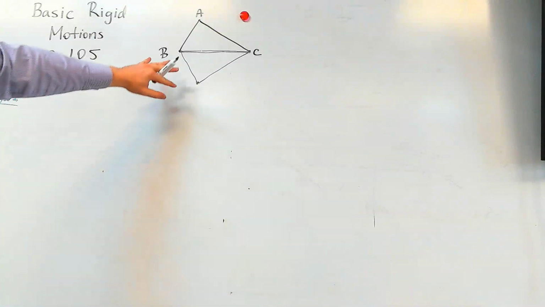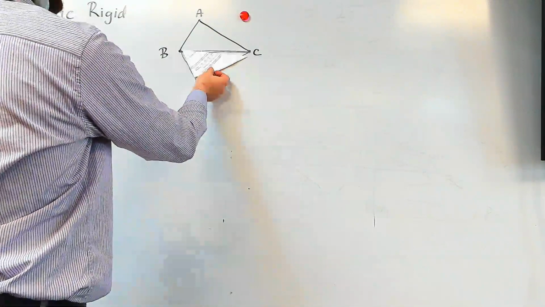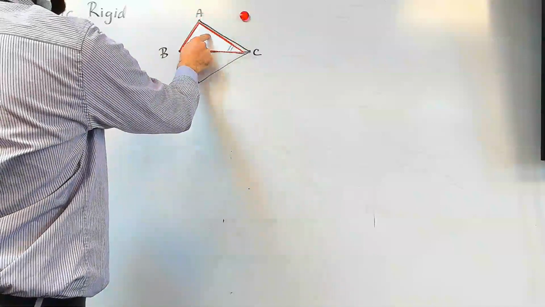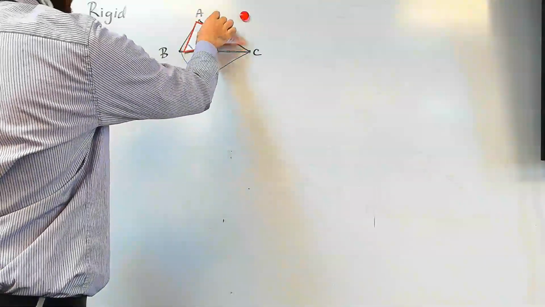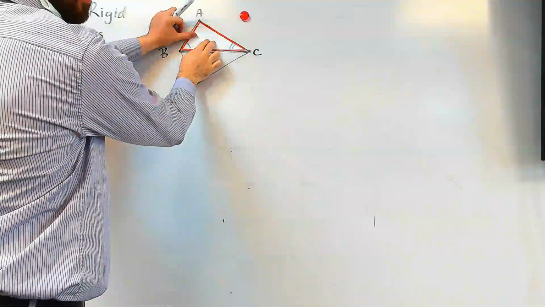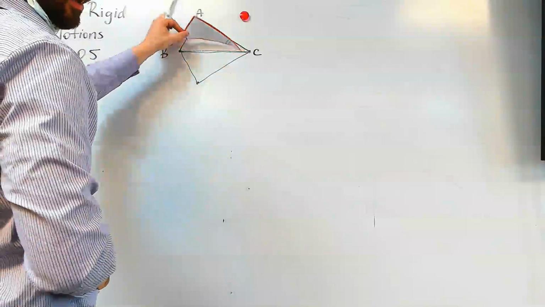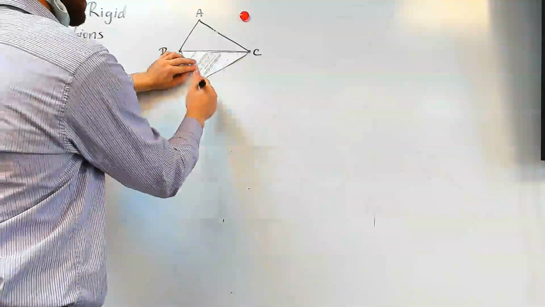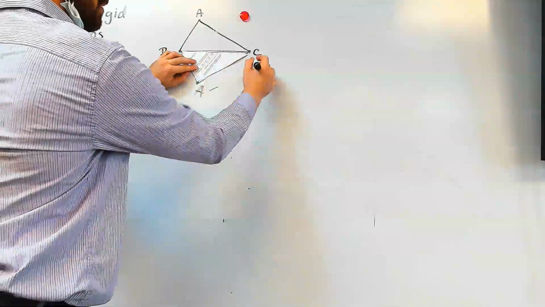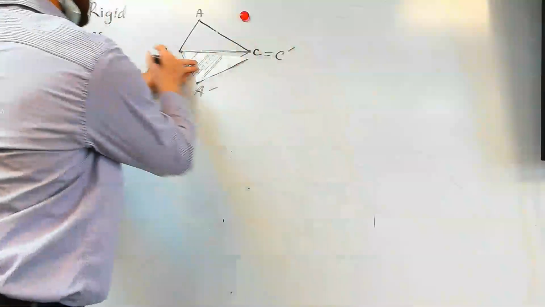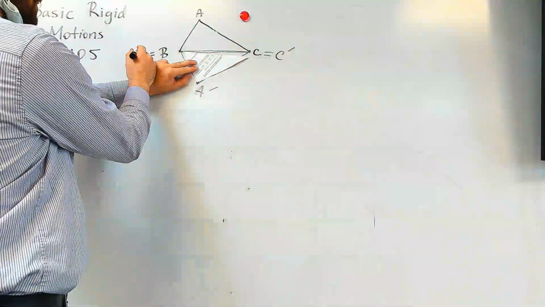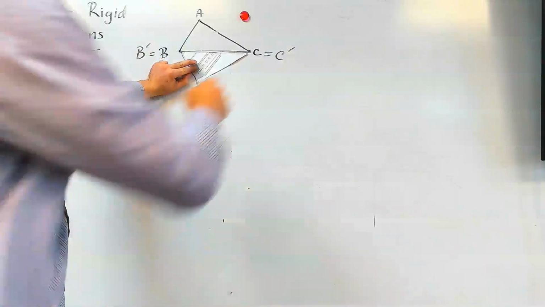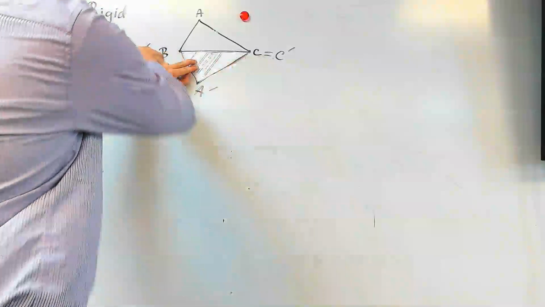So we have here triangle ABC prime. You can see that it's a perfect reflection of triangle ABC. So if I asked you, how did we get from ABC to ABC prime? Notice this is A prime, C prime, and B prime, where B prime and C prime are each respectively in the exact same spots.